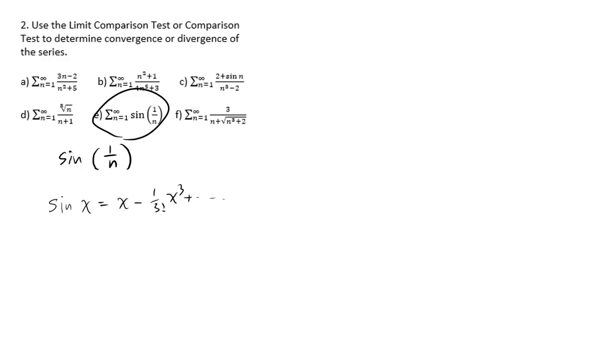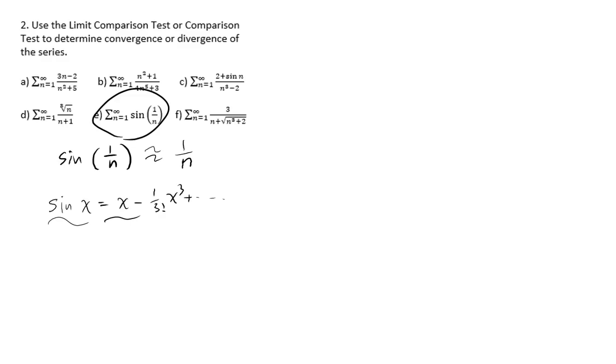So when n is really big, then 1 over n is a really small number, and because sine x is very close to x, this will be very close to 1 over n. And since the summation of 1 over n diverges, I know that the summation of sine of 1 over n would diverge too, just by using limit comparison test.